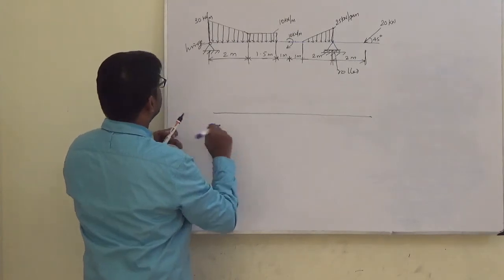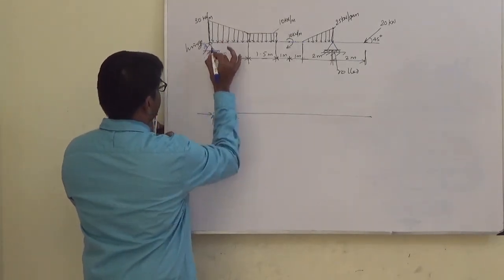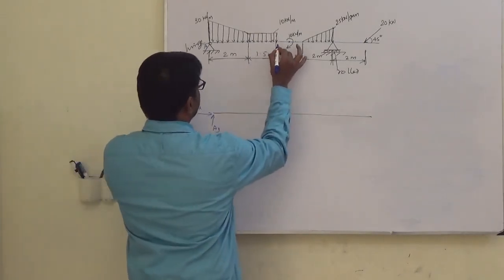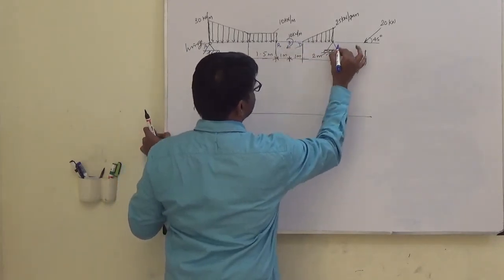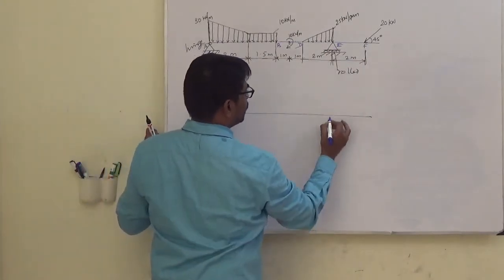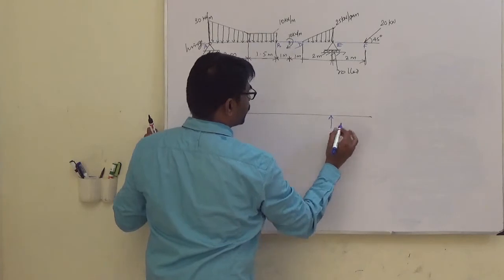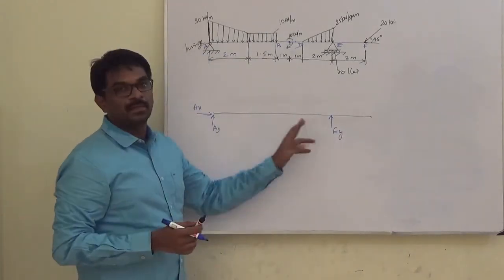So you will have reactions AY and AX at A. You take this as B, this is C, this is D, this is E, and this is F. Then at E, you will have only one reaction. You already know these directions, I am assuming.